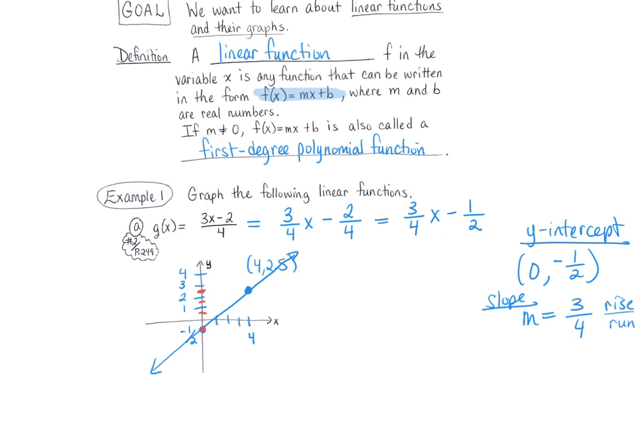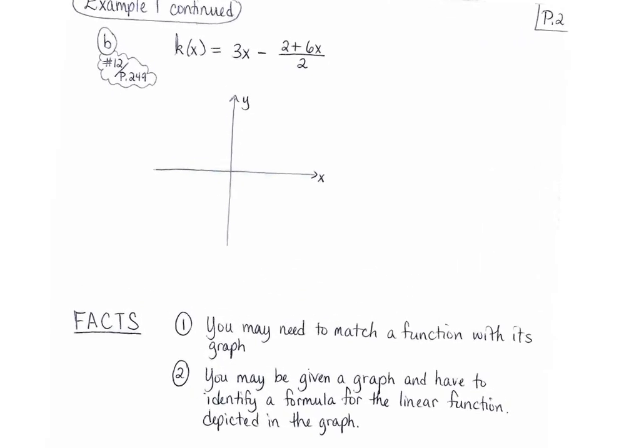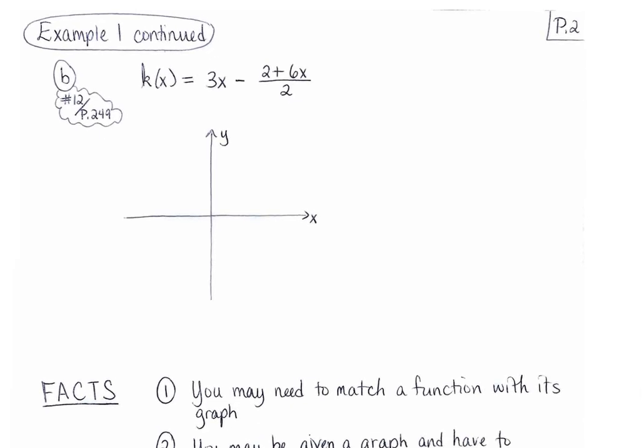Okay. All right. So let's look at our next example. This is what this section is all about. We have one more example and we're done here with 4.2.B. We have k of x is equal to 3x minus the quantity 2 plus 6x over 2. So we can simplify a little bit first.